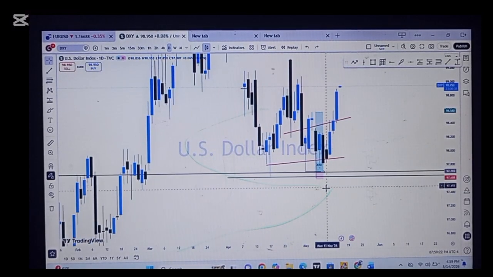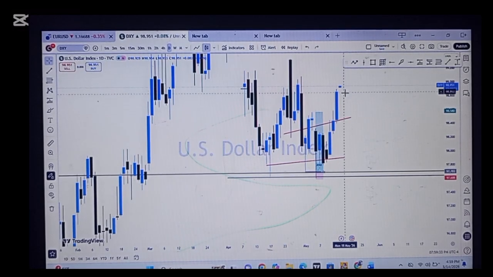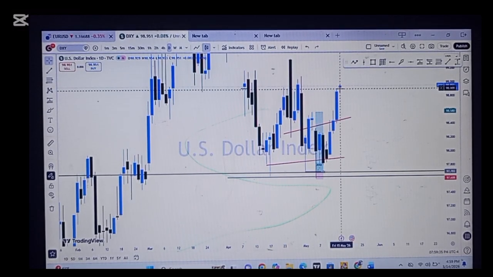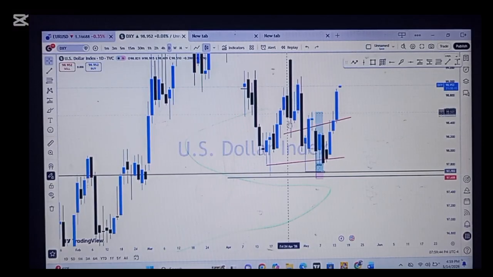So this was Friday, Monday, where my cursor is. That's Tuesday, Wednesday, Thursday, and today now Friday, where we're supposed to close the weekly candle. So you can see what is happening: fundamentals set the bias, technicals show you where to enter.